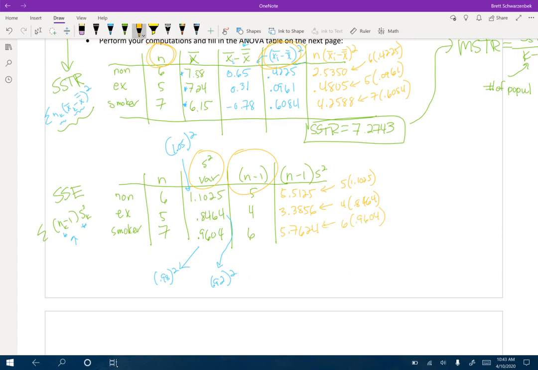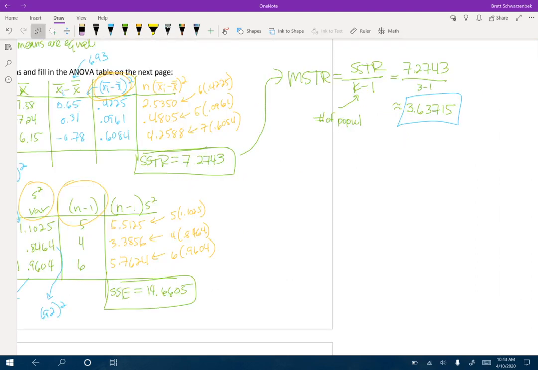Okay, what is our goal again? We need the sum. So SSE is going to be the sum of this column, which is going to give you 14.6605. Okay, so what was the goal of this? It was to find MSE. What is MSE equal to? It's equal to SSE divided by n minus k. So we already know what this is, 14.6605. We calculated it. Remember that we are subtracting k here, which is 3, but what is n?